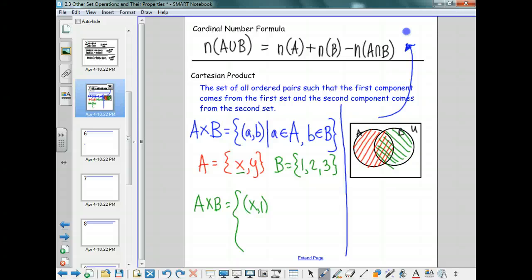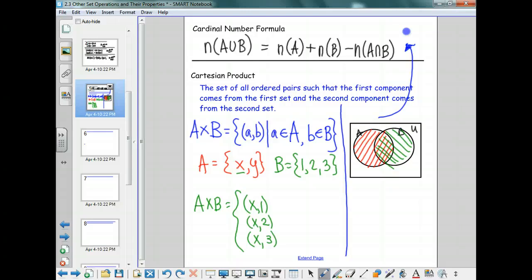But I could have taken X in set A with what element in set B? 2. Or I could have taken element X in set A with element 3 in set B. And that's the only different elements that I can group X with.